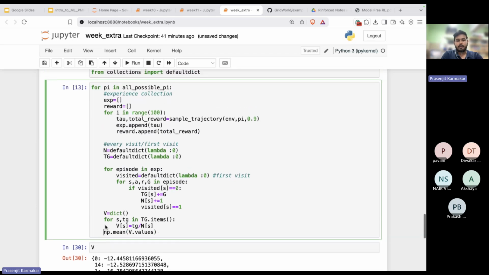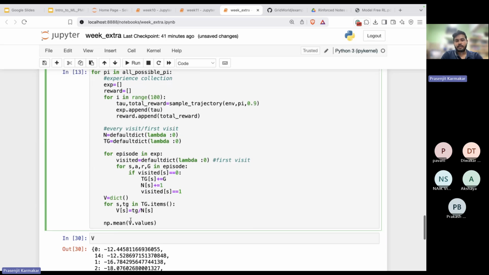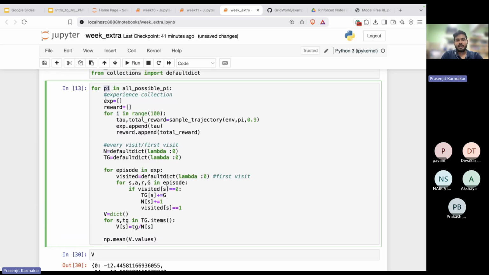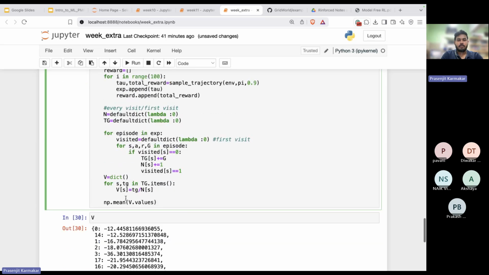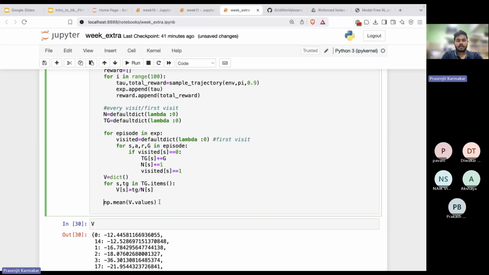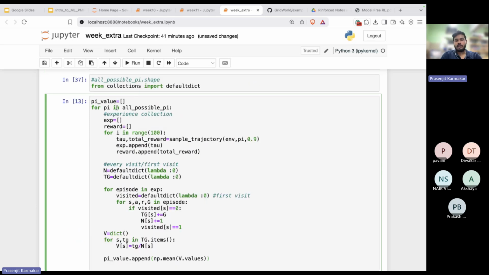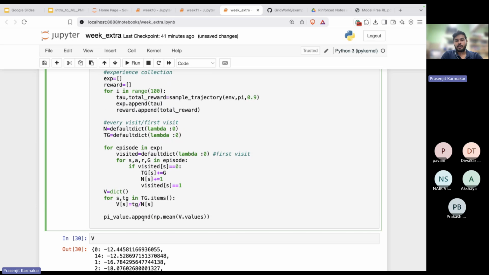That's the estimated average value function for a particular policy pi, and you can keep track of these values. pi_value is equal to a list, and then you append to it. So for a particular pi, you have the corresponding value function stored.